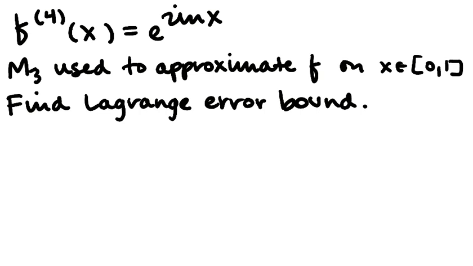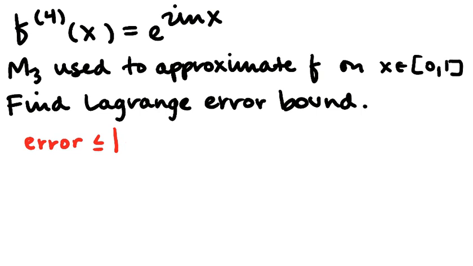So we're going to find the Lagrange error bound when we're using the third degree Maclaurin polynomial. Okay. So if we're using the third degree Maclaurin polynomial, then we know that the error will be less than the maximum possible value of the fourth term. Well, I know what the fourth term is.